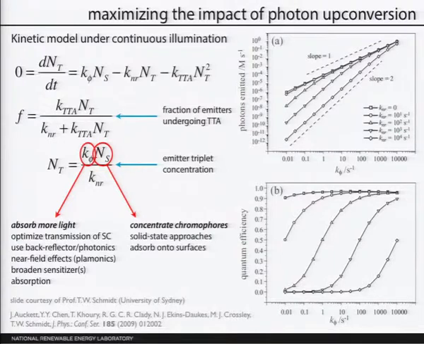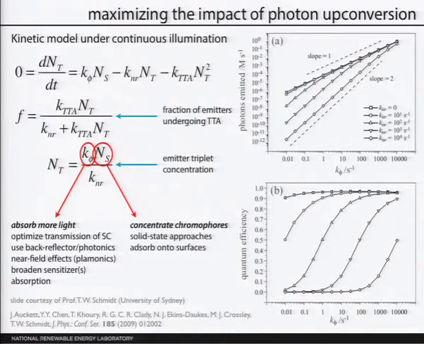And then the next thing to try and do is to concentrate the chromophores. I'm going to talk a little bit about some approaches in the solid state where you would increase the local concentration of chromophores. But another process that Professor Schmidt has been exploring is absorbing the chromophores onto a surface where, again, you get a local concentration increase.